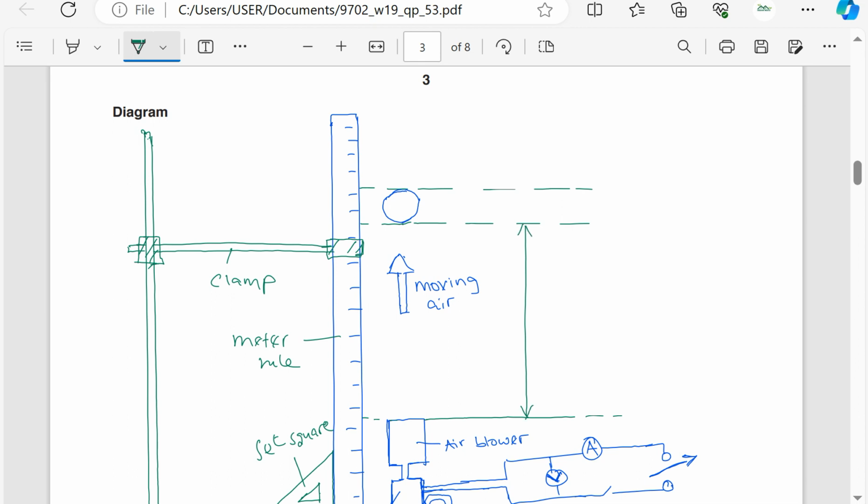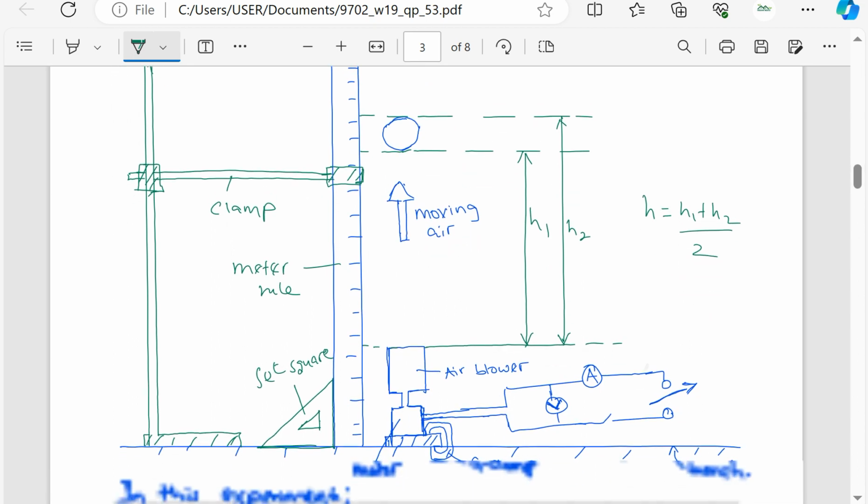You can call this one H1, and you can call this one H2. Because we want H, you will say H is equal to (H1 plus H2) divided by 2. So I think the diagram is now complete. I can now continue with my essay.